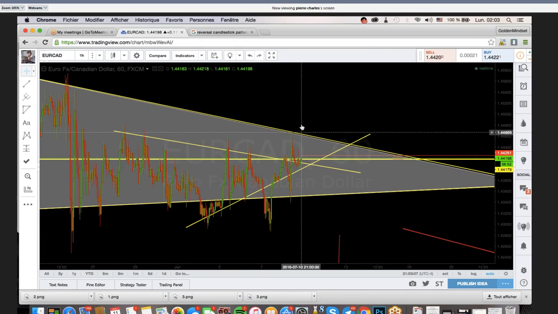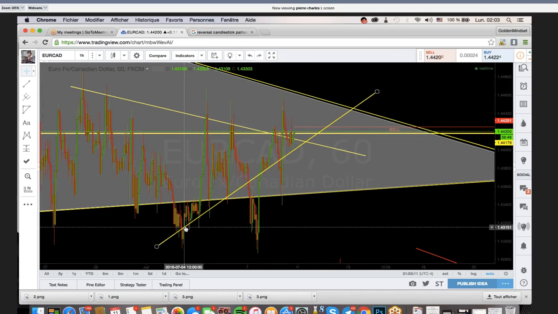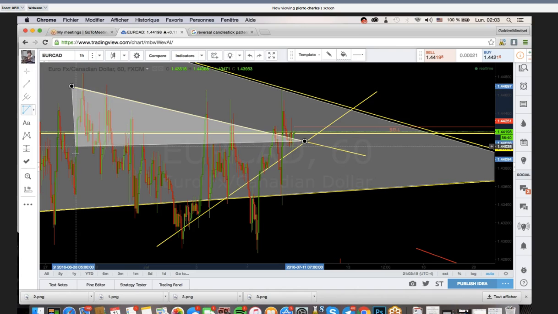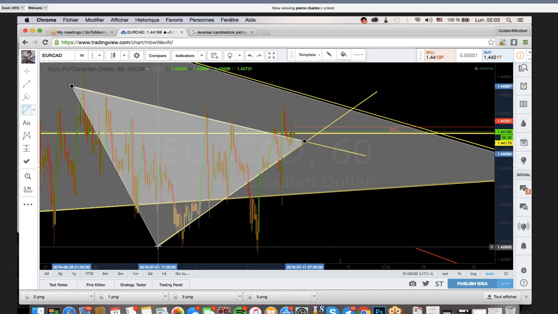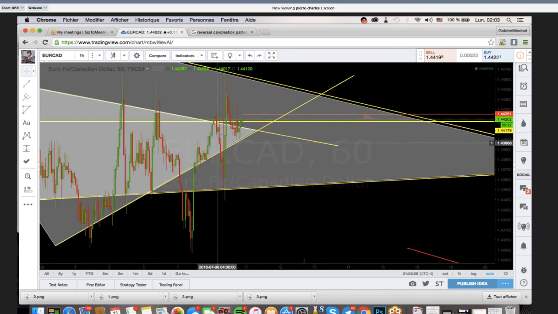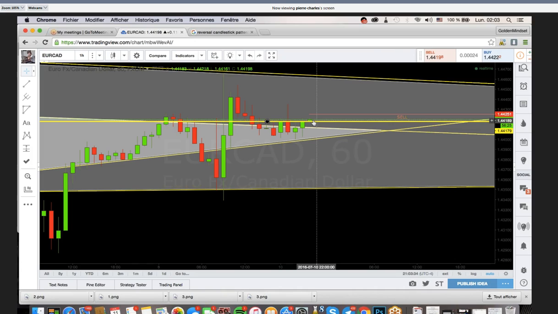Plus, it was consolidating right there. Look, another triangle over there, and it broke up, retested, going back up, and it's breaking a resistance level.